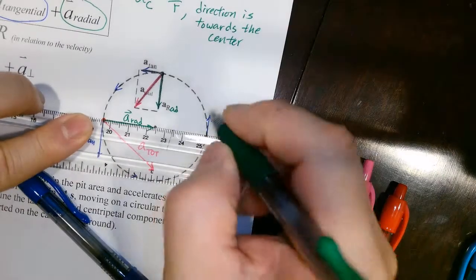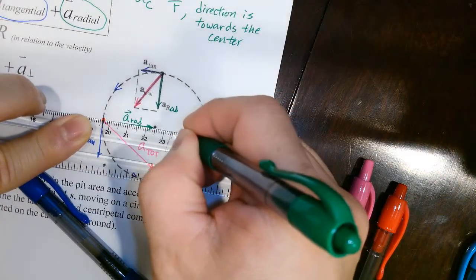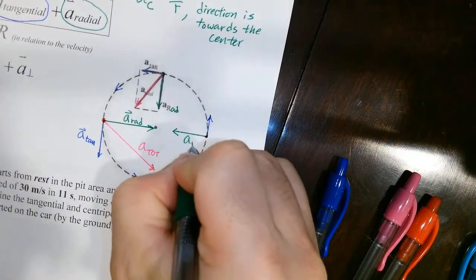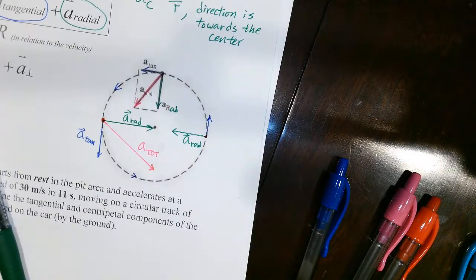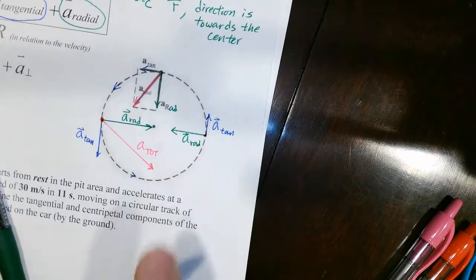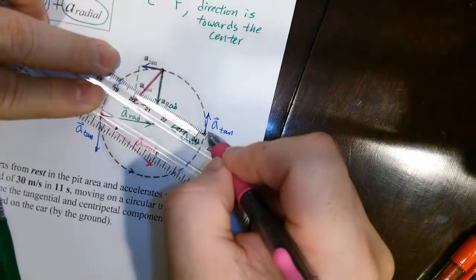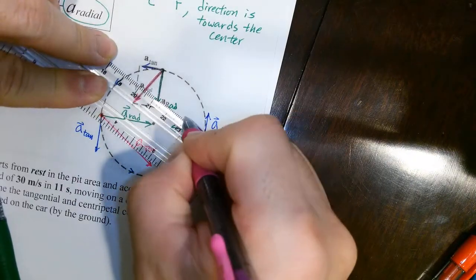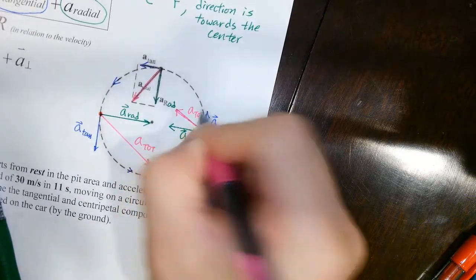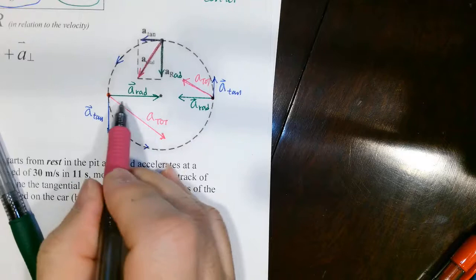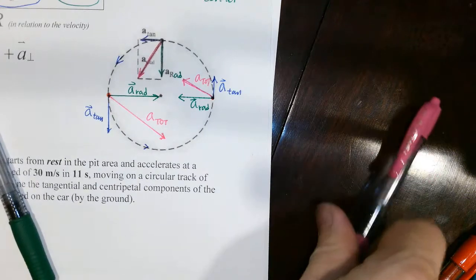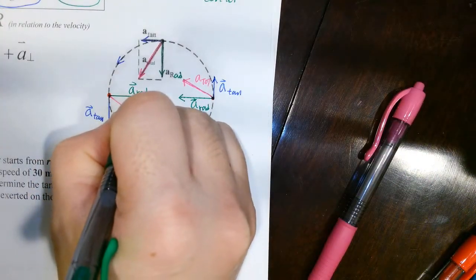Then my A radial will be going in this direction, and my A tangential will be going in that direction, and this would be my A total. Never mind, I drew it long here. Draw the same length as this. Let's make it easy instead of trying to make it more difficult.